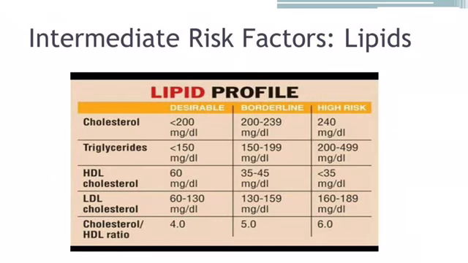So how about lipids as an intermediate risk factor? So cholesterol and triglyceride values are a risk factor certainly for heart disease and stroke, and a linking associated risk factor with diabetes as well. So we see the desirable values on the left side of that graph.